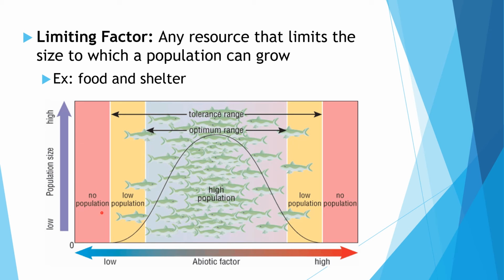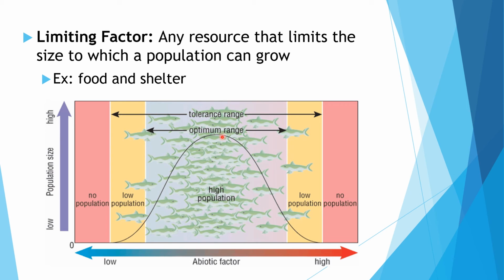So you'll notice that over here, if the temperature is too low, there's no fish, there's no population. If the temperature increases a little bit, and then we get to this block here, you'll notice the population starts to increase a little bit, but it's still low, but now we're in the tolerance range. So that's why we're able to have some sort of population. As the temperature gets a little bit warmer, you'll realize that now we're in the optimum range.